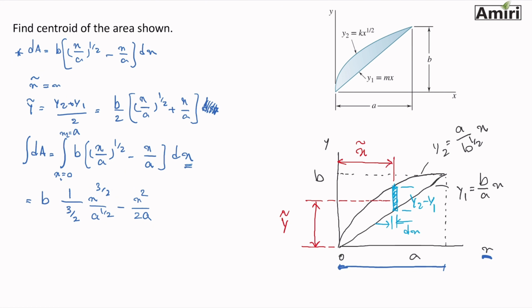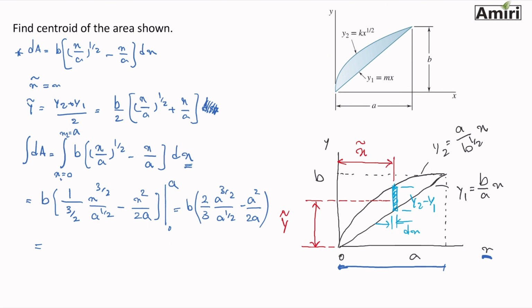So do the integration. This b is into all of these, and then it goes from 0 to a. If you do the replacement of a, you will get b 2 over 3 a 3 over 2 a 1 over 2 a squared 2a, minus 0, all zeros.